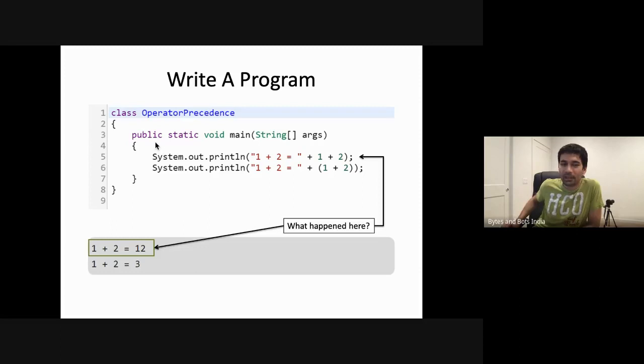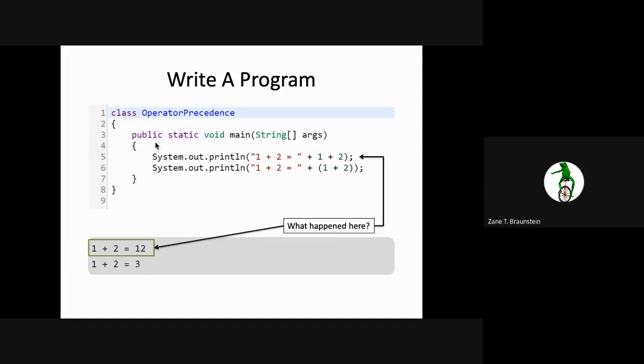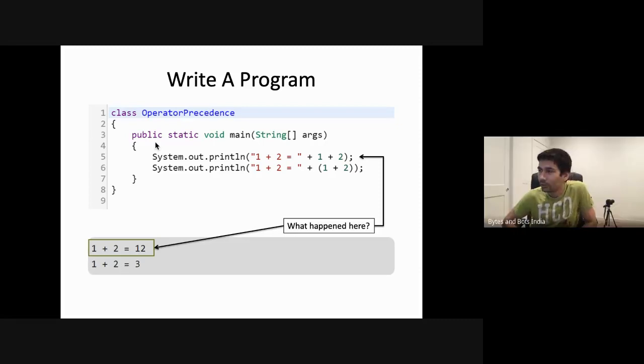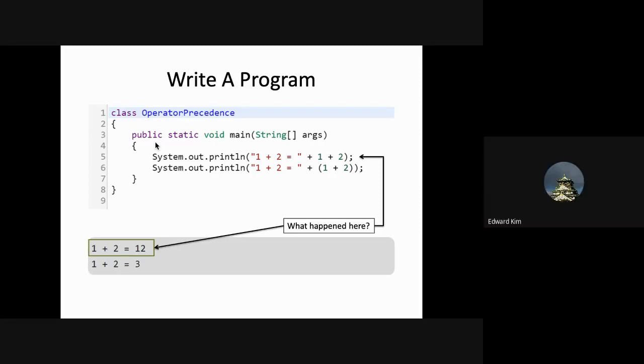But everyone got 12. Why did that happen? Someone said it thought it's a string. Yeah, I think it's just because we didn't add parentheses. Okay. So is it 1, 2 instead of 12? 1, 2 instead of 12. Okay.